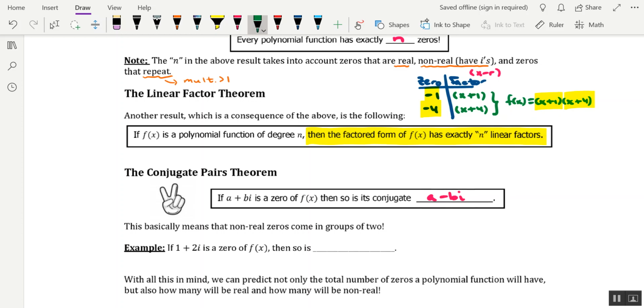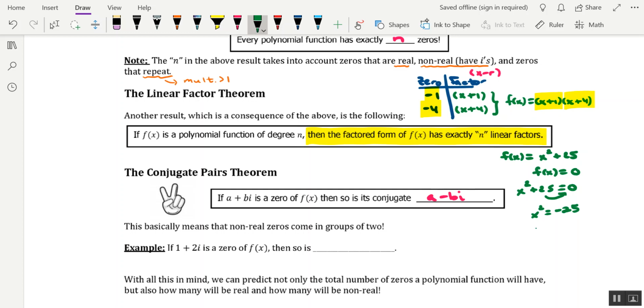Let's say that we had the function f of x equals x squared plus 25, and we wanted to find its zeros. Then that requires us setting the polynomial equal to 0 and solving for x. So that'd be x squared plus 25 equals 0. If you move the 25 over to the right-hand side, we get x squared equals -25.